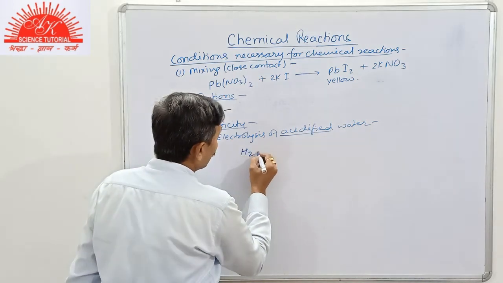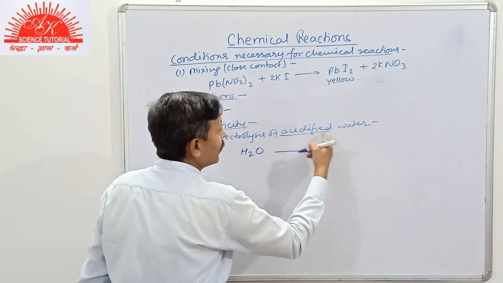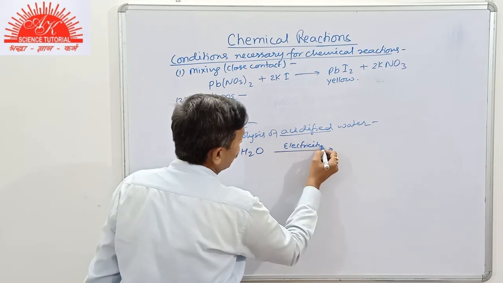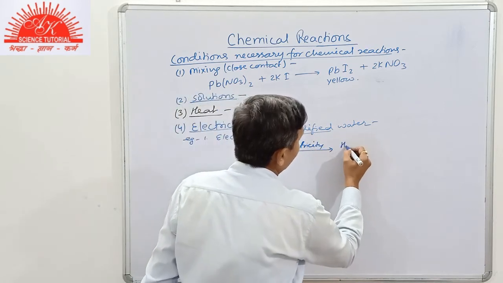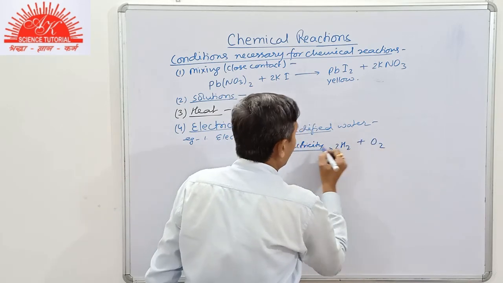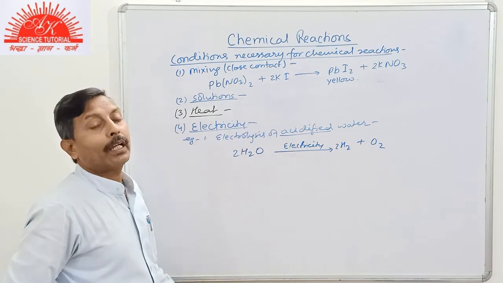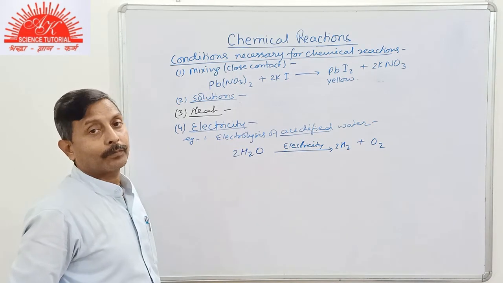So when we take H2O, acidified water, and electricity is passed, then H2 plus O2 are formed. So this reaction is taking place with the help of electricity.